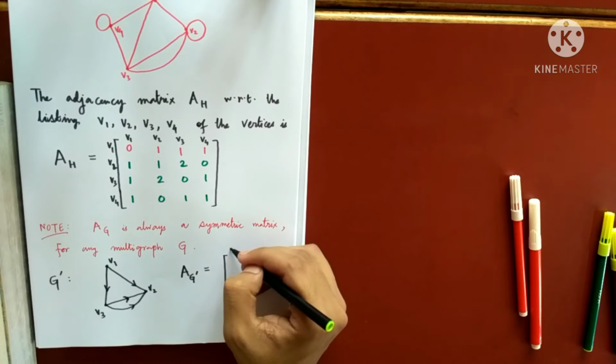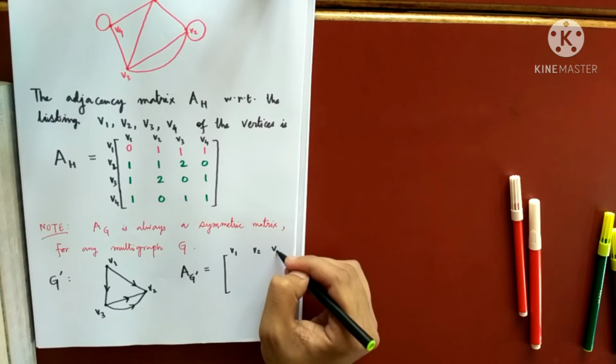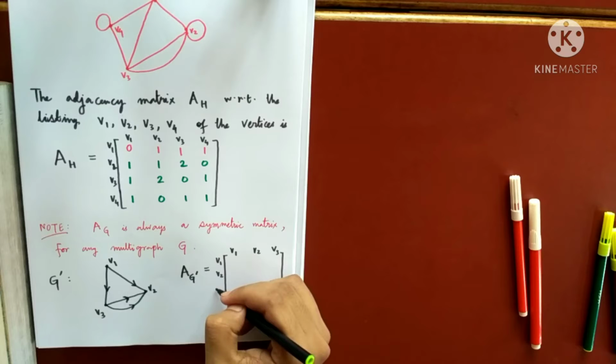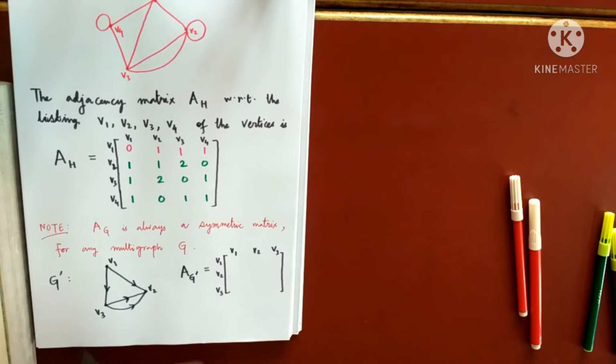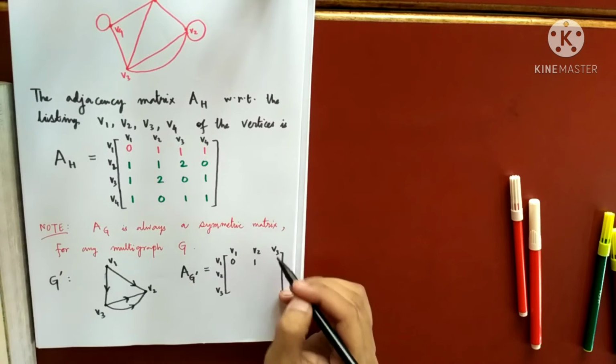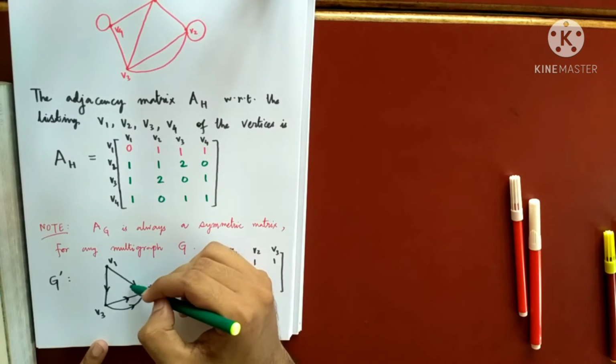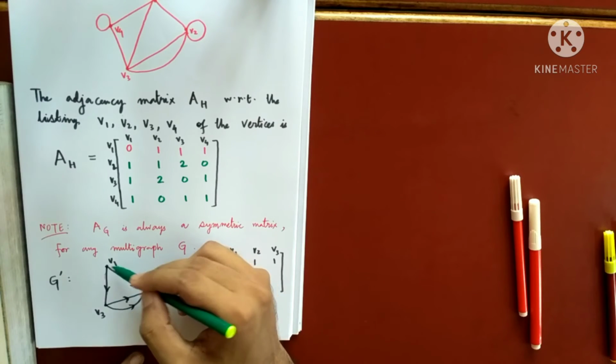So I have the listing V1, V2, V3. Okay. Now V1 to V1 is 0, V1 to V2 is 1, because the number of arcs from V1 to V2 is 1. Number of arcs from V1 to V3 is again 1. Okay. Number of arcs from V2 to V1 is 0, because direction will matter here. There are no arcs from V2 to V1.